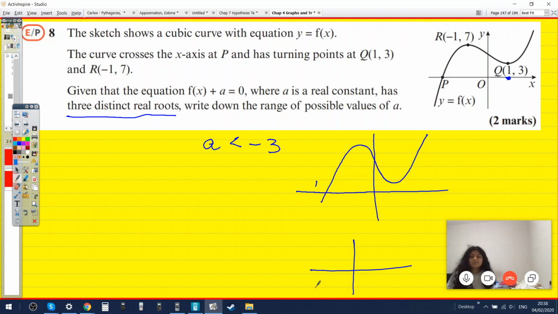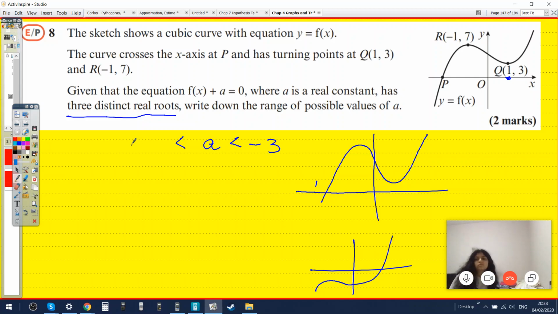If that moved 10 down, then it goes back to having one root there. Okay, it moves 9 down. Okay, it moves 7, minus 8.